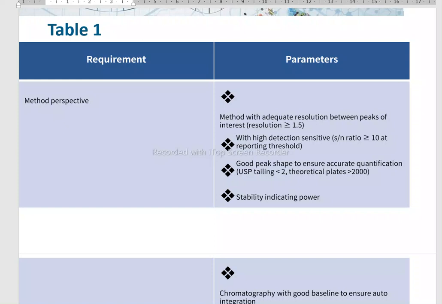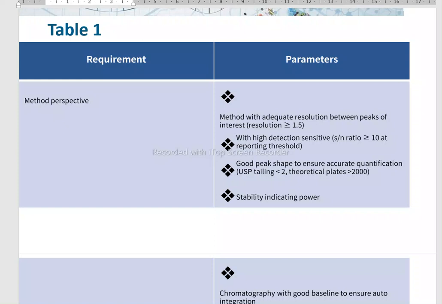With high detection sensitivity, meaning the S/N ratio should be greater than 10 at the reporting threshold level. A good peak shape to ensure accurate quantification means USP tailing less than 2, theoretical plates greater than 2000, and stability-indicating power is also required.